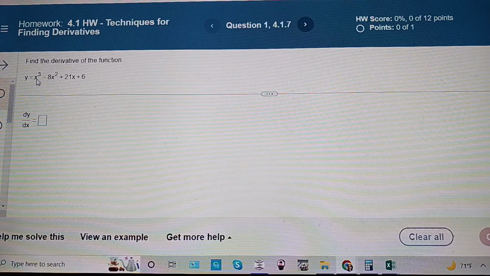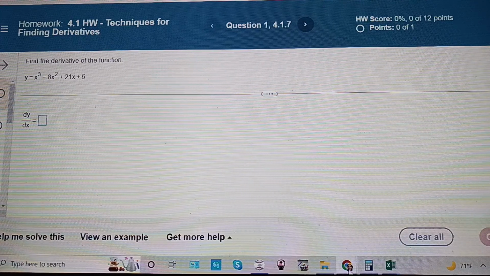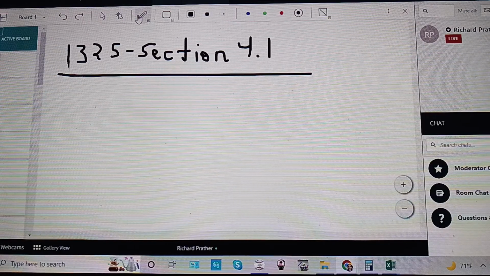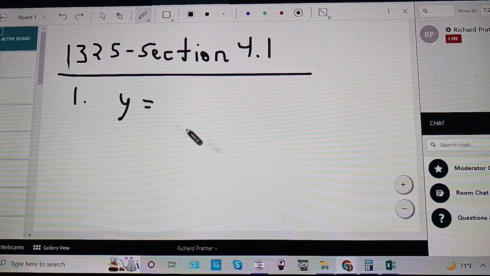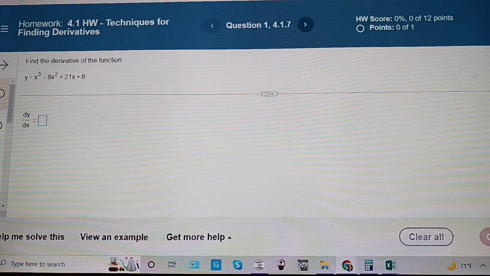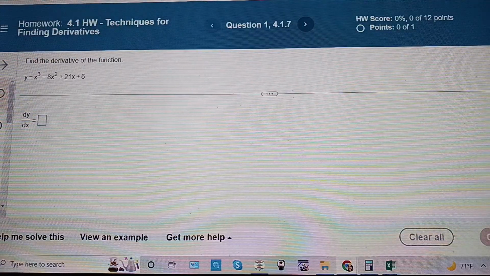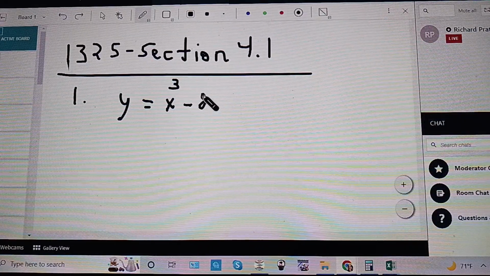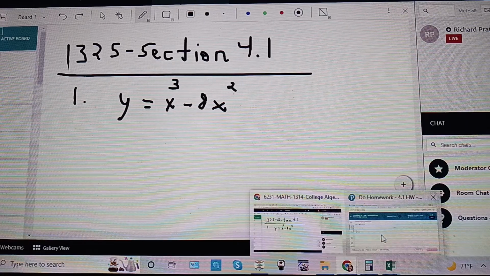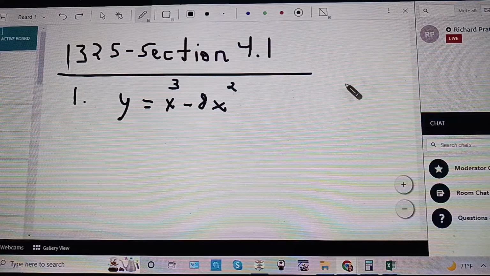y equals x to the third minus 8x squared plus 21x plus 6. After doing enough derivative problems like we did in chapter 3, somebody started to notice that a certain pattern was occurring, and it creates a very nice shortcut for doing a derivative. x to the third minus 8x squared plus 21x plus 6.